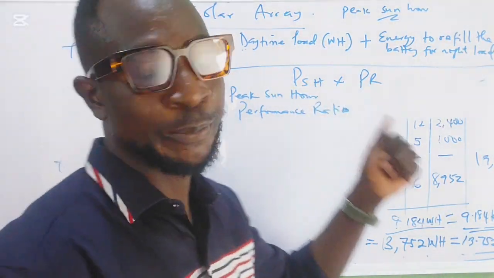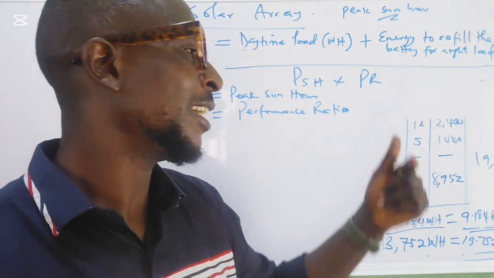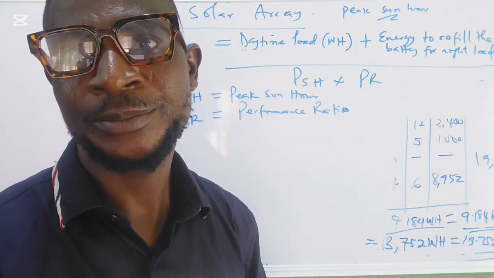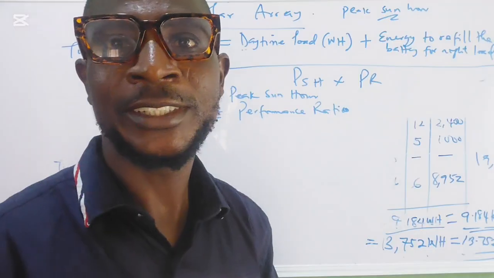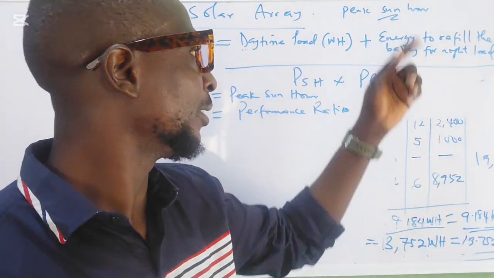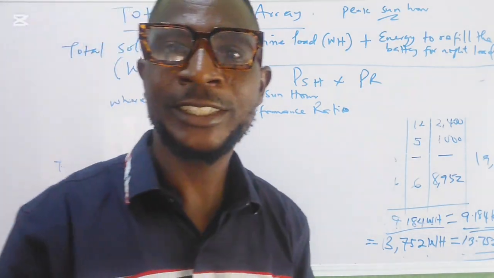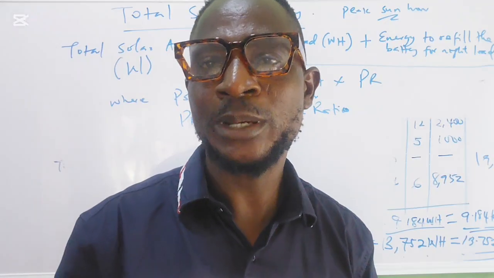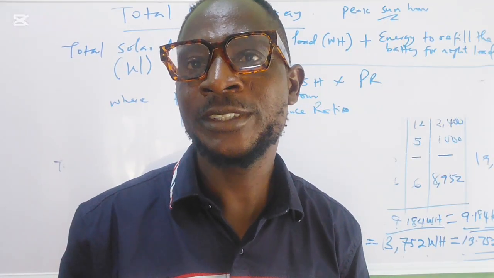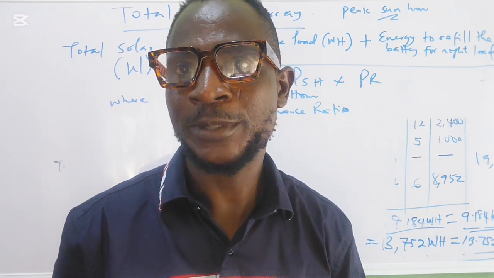I already explained what we mean by peak sun hour: the number of hours in a day where the sunlight averages 1000 watt per meter square, which is called the solar irradiance. That's what we mean by peak sun hour. And when I talk about the performance ratio, that is the ratio of the actual power from your solar array to the theoretical power of your solar array. That is the performance ratio.